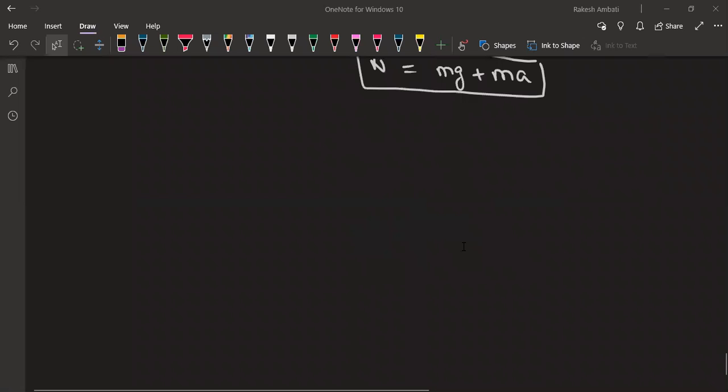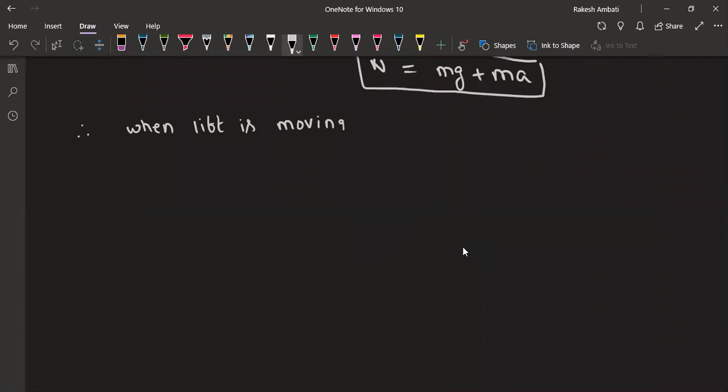Okay, write down. Therefore, the conclusion is: when the lift is moving upwards with acceleration A, how do we find the apparent weight?